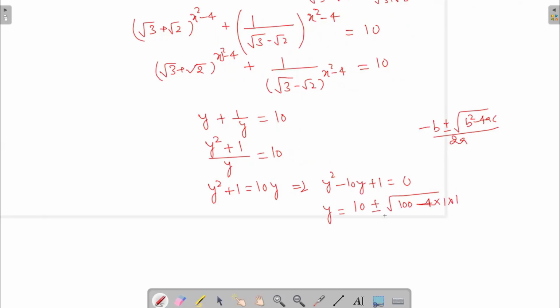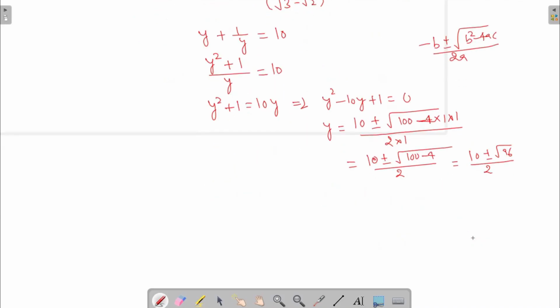So 4 into 1 into 1, divided by 2 into 1. From here, what I get is 10 plus minus square root of 100 minus 4 upon 2. So this is 10 plus minus square root of 96 by 2. Or I could write it as 10 plus minus, this will be 16 into 6, so I could write it as 4 root 6 upon 2.